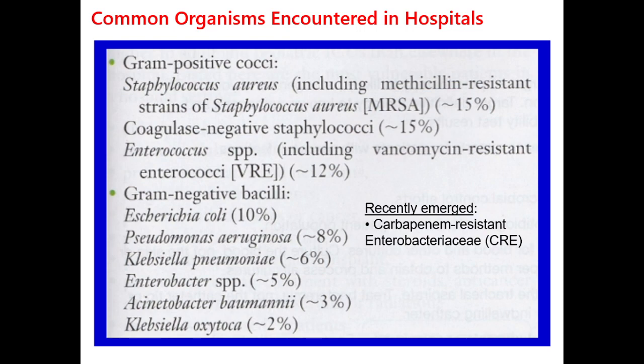Staph are divided into coagulase positive, Staph aureus, and coagulase negative, like epidermidis, and others, of course. Enterococci, very important, vancomycin resistant, VRE. Gram-negative: E. coli, 10%, Pseudomonas, 8%, Klebsiella pneumoniae, and so forth. Enterobacter, Acinetobacter baumannii, very important.